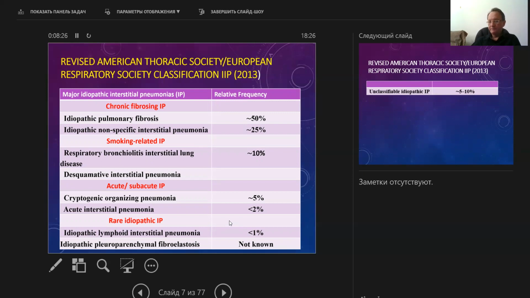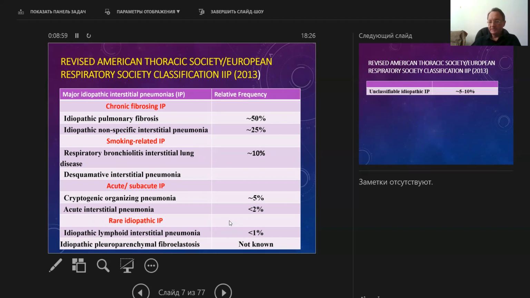The next group is smoking related, including respiratory bronchiolitis interstitial lung disease, approximately 10%, desquamative interstitial pneumonia, and acute or subacute interstitial pneumonia, including cryptogenic organizing pneumonia, acute interstitial pneumonia, and rare idiopathic interstitial pneumonias, including idiopathic lymphoid interstitial pneumonia and idiopathic pleuroparenchymal fibroelastosis.